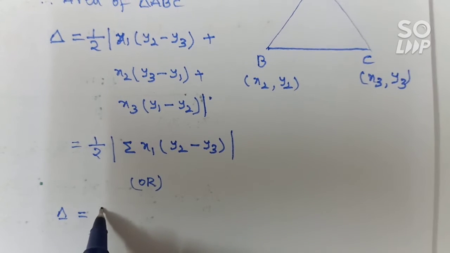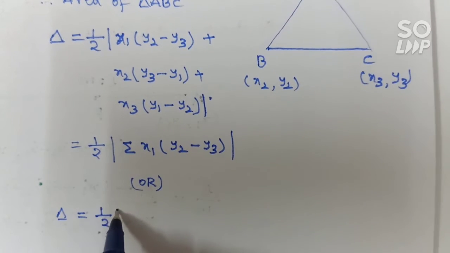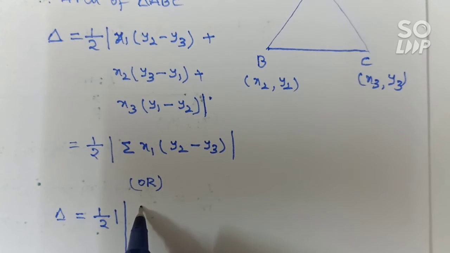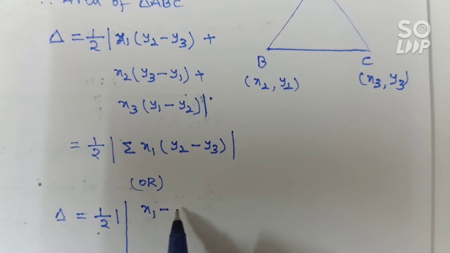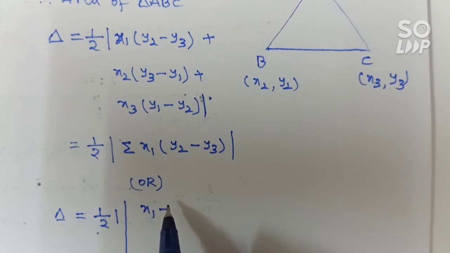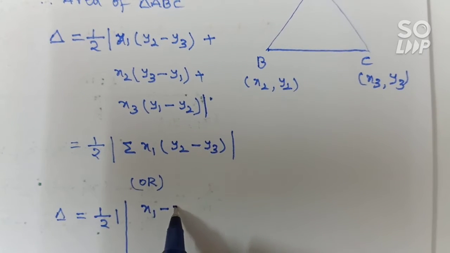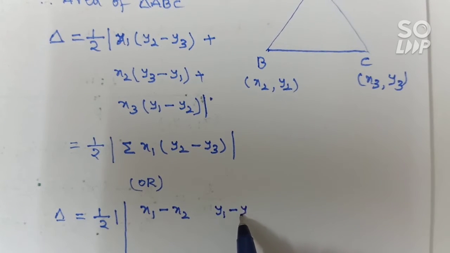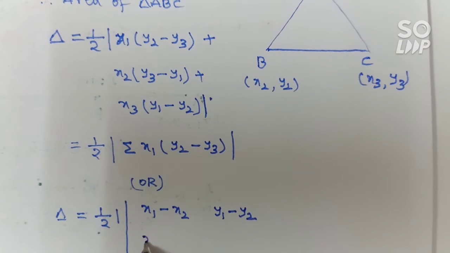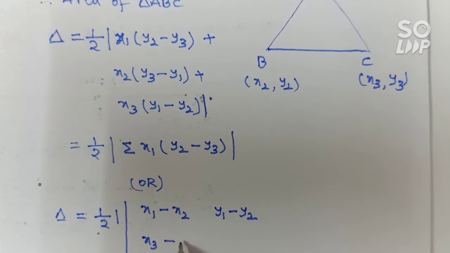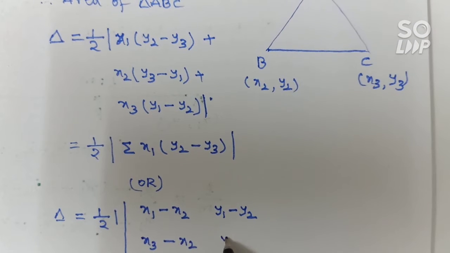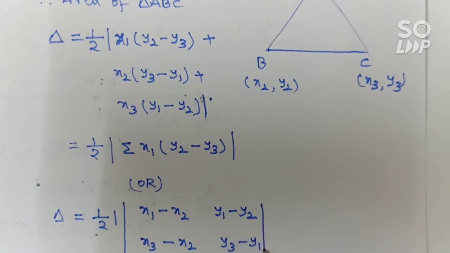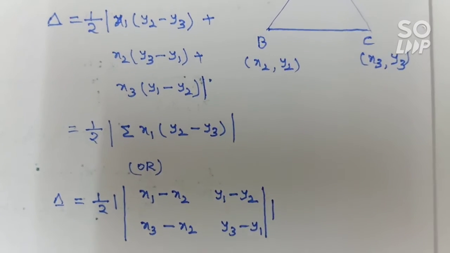Delta is equal to 1 by 2 into the modulus of the determinant of x1 minus x3, y1 minus y3, and next x2 minus x3, y2 minus y3. So this is another expression to find the area of the triangle.